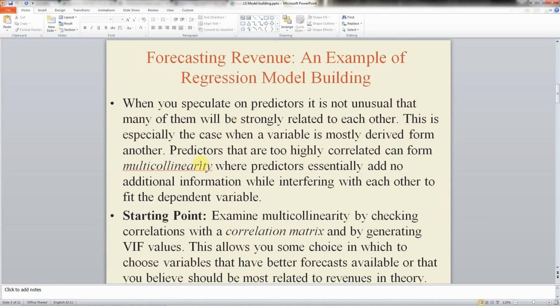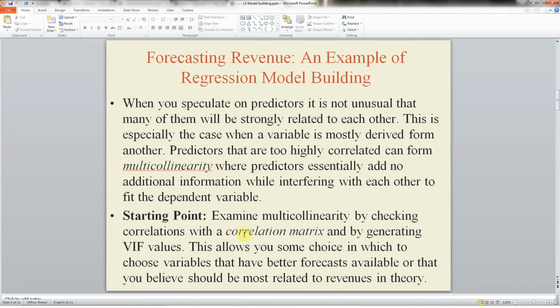The first thing to think about is that when we speculate on which predictors are going to be good for our model, it's not uncommon for them to be related. And if they are indeed too related, we get this problem of multicollinearity. So how do you find multicollinearity? We'll start by looking at the correlation matrix, just like we did in FP2.